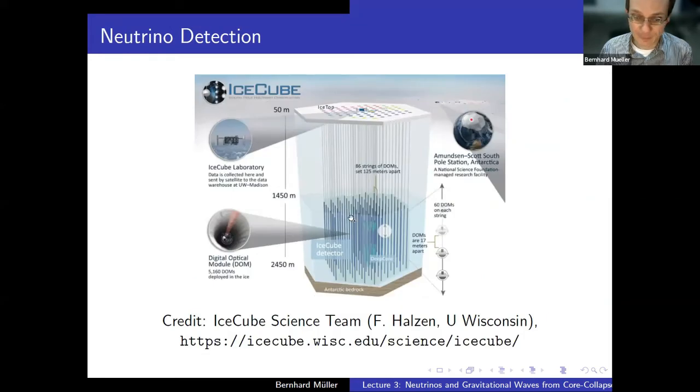It has one big disadvantage, though, which is that for the MeV scale neutrinos that you get in supernovae primarily, you basically get a blip, a detector blip just in one of these photomultipliers.